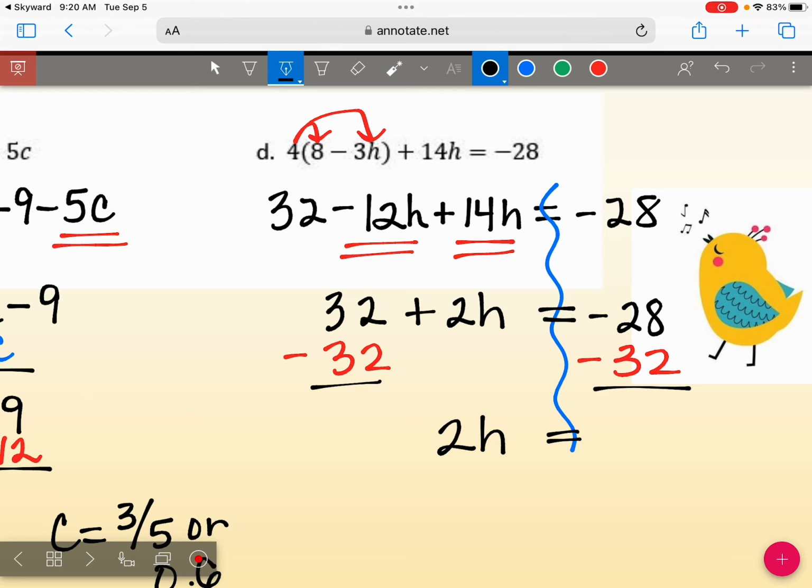You should get -60. So now what do I need to do to get rid of that 2 in front of the h? Divide it. So h equals -30. If you had -30, you had the correct answer.